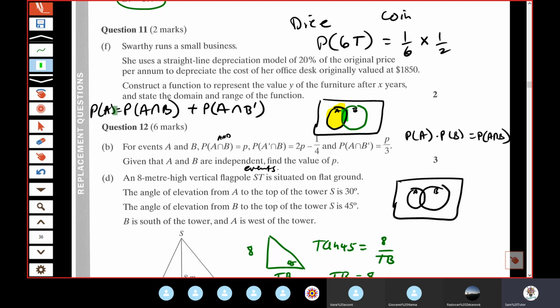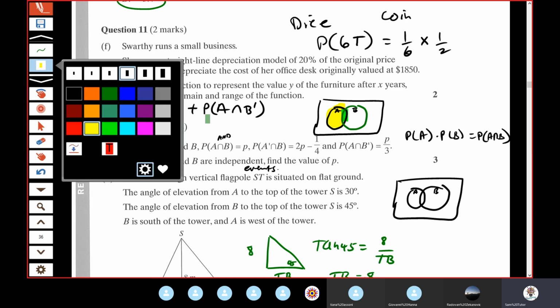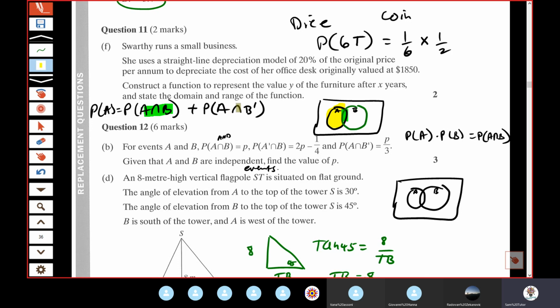So let's see if I've written that now in this way. Ready? Probability of A is the same as probability of A and B, this green bit, plus the probability of A but not B, which is the yellow bit. So the yellow plus green gives me the whole black. Does that make sense?